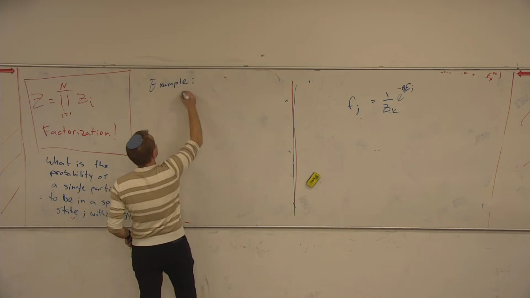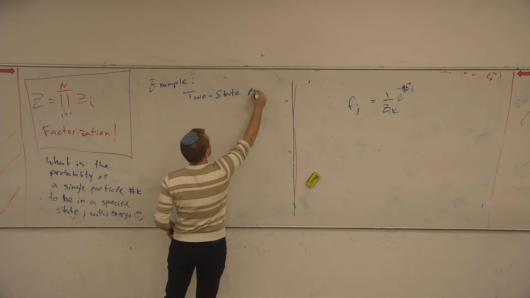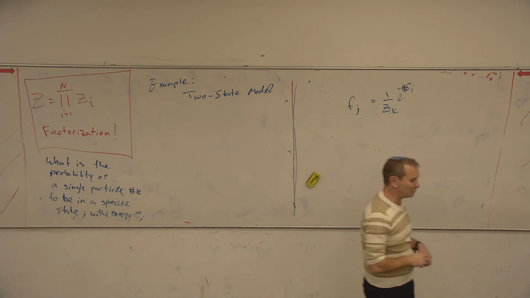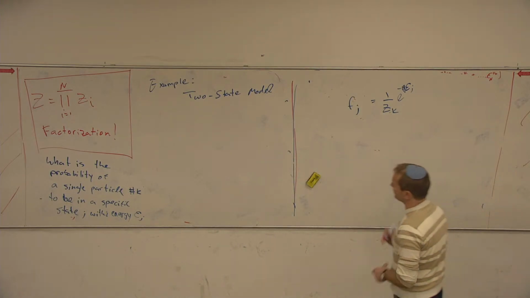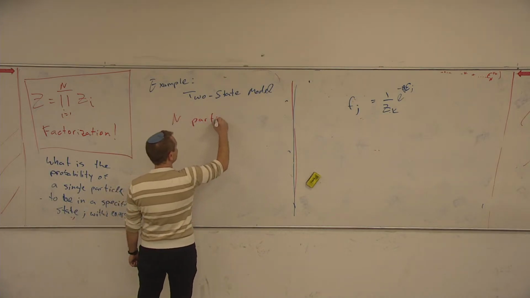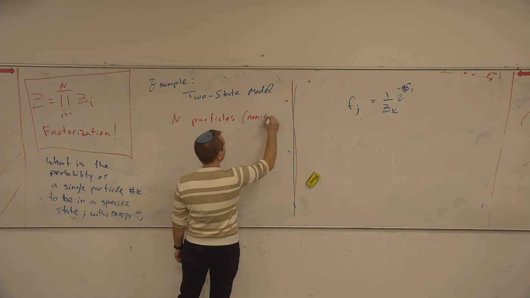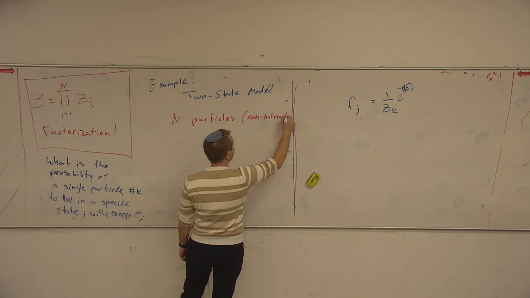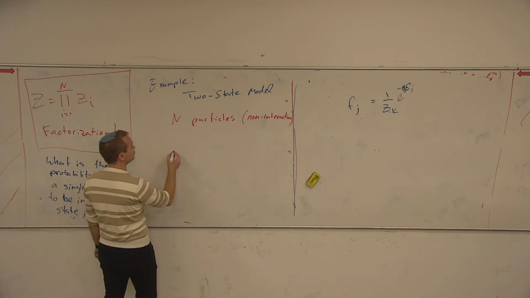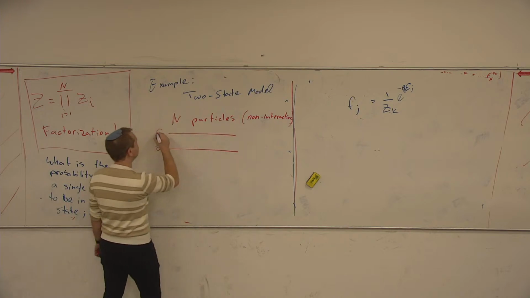Example. The two-state model. Remember the two-state model? There was some combinatorial problem. We have n particles, non-interacting. And for each particle there are two states, 0 and epsilon.